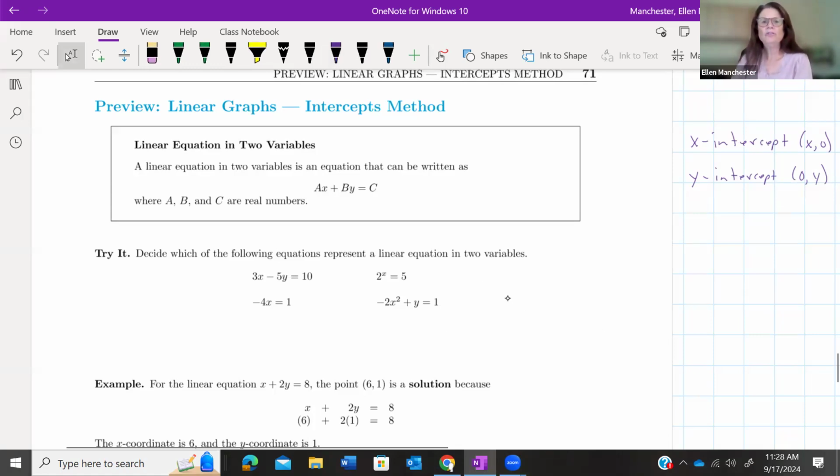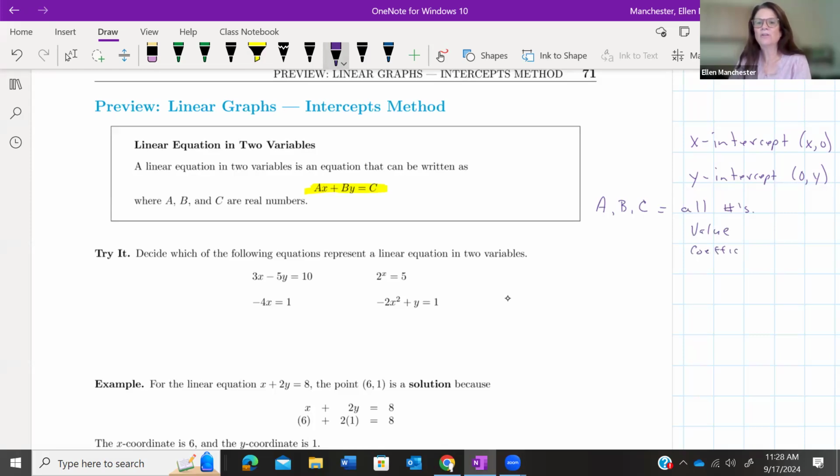Okay, so you know you're going to use intercept method when your linear equation is in this format. AX plus BY equals C. So the A, the B, and the C are all numbers or values or what we call coefficients.